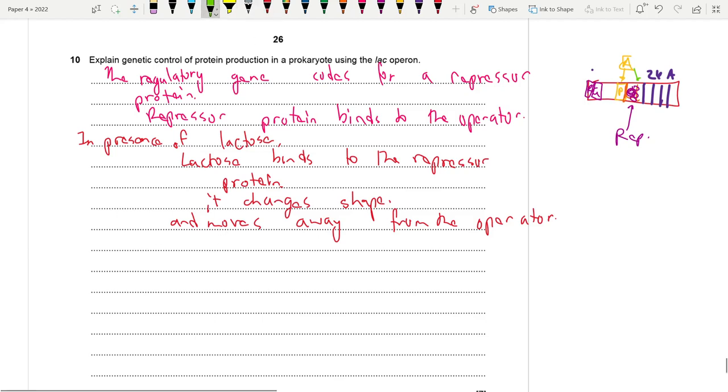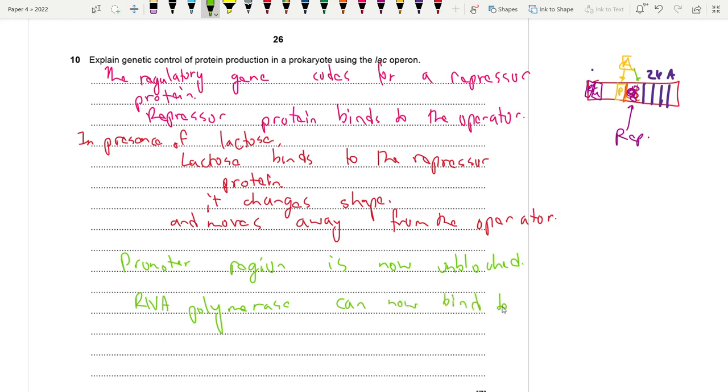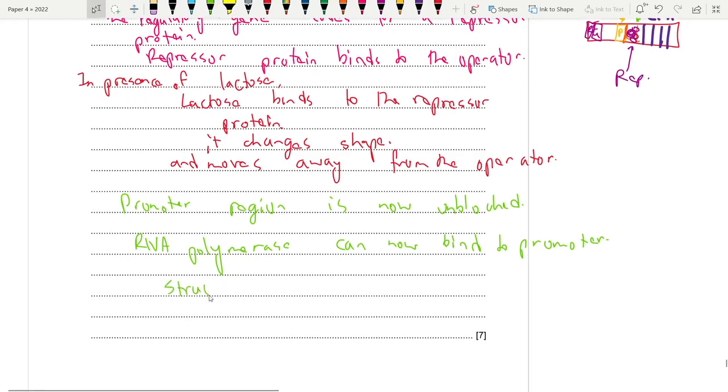Okay, now what? Now you can say that the promoter region is now unblocked, right? Now what? RNA polymerase can now bind to the promoter, and the Z, Y genes, the structural genes, are now transcribed, or you could say that they are switched on, right?